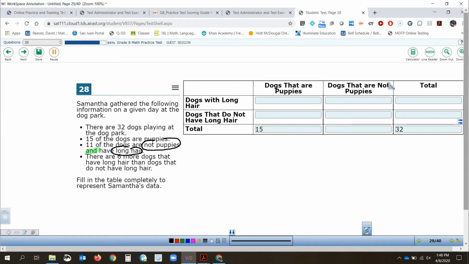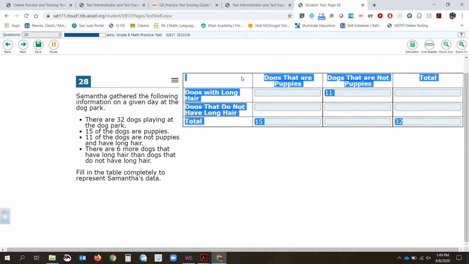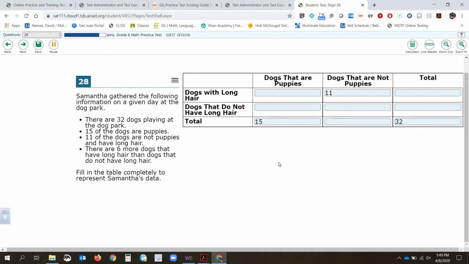All right, well, here's the not puppies, right? And here is the long hair. So we're looking for the intersection. So that's going to be this box right here. And that number is going to be 11. All right. So we're going to go right here, and now we're going to put in 11.